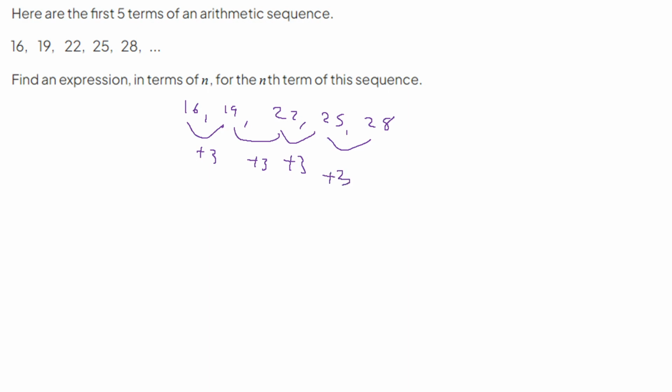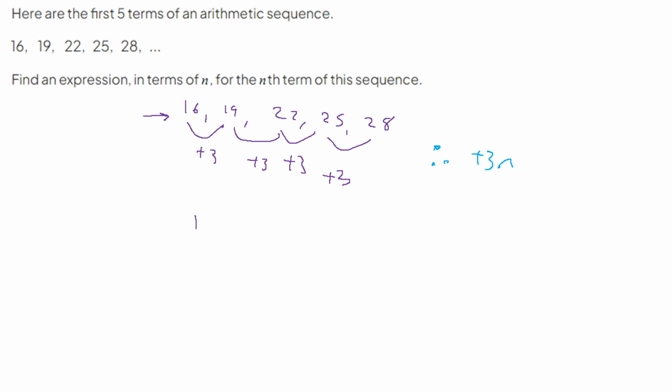So therefore, our nth term has in it plus 3n. Okay? So now we have our original sequence, and now we need to subtract 3n.